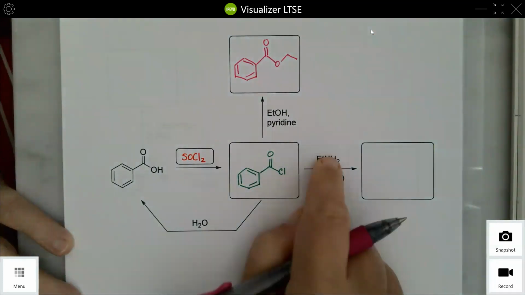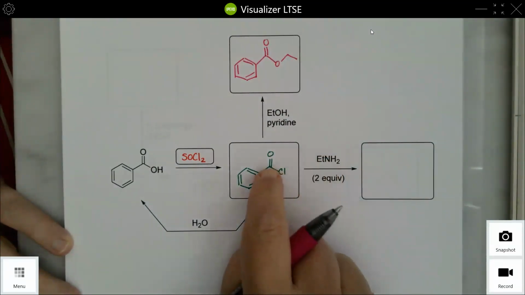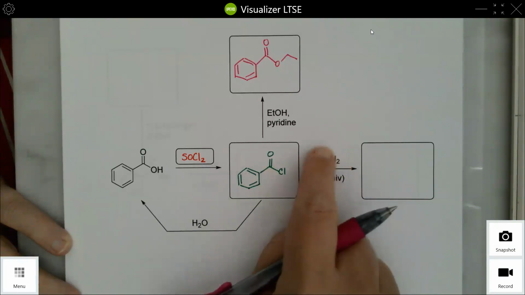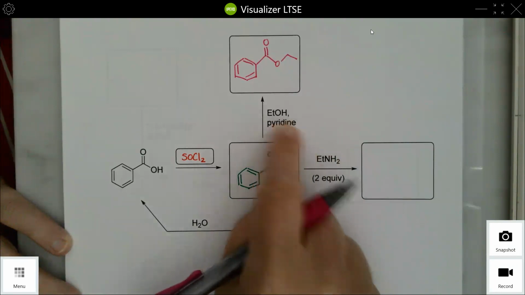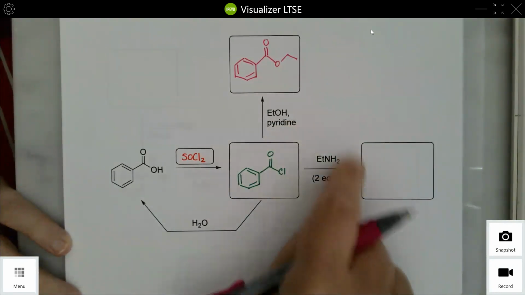And then two equivalents of amine. One acts as a nucleophile to do the nucleophilic attack, and the other one acts as a base. It's typically easier to use two equivalents of this than to add an equivalent of pyridine as base. Just less things to add.